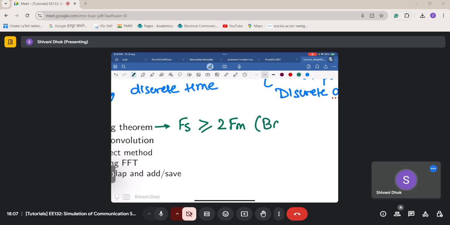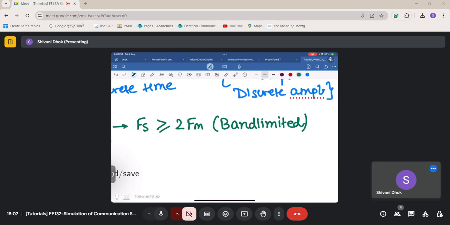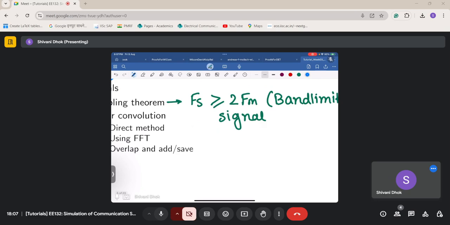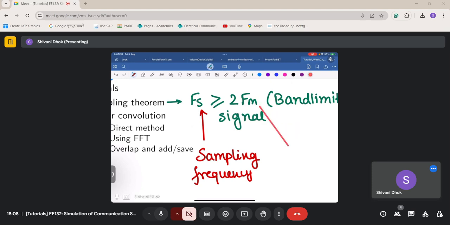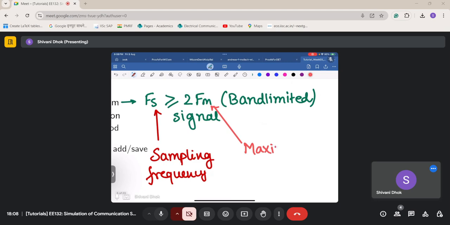Where fs is sampling frequency and fm is maximum frequency in the signal.